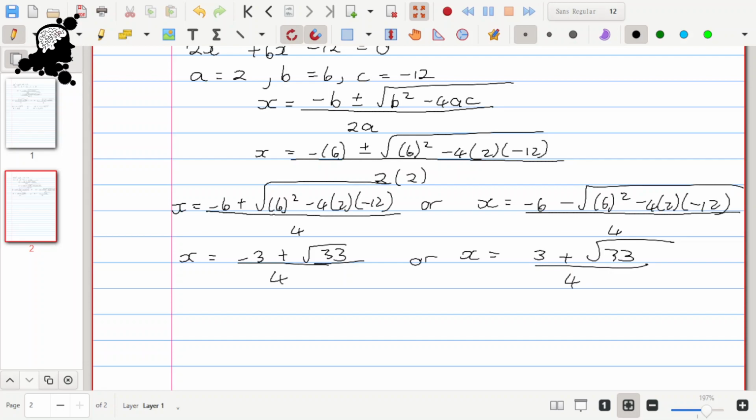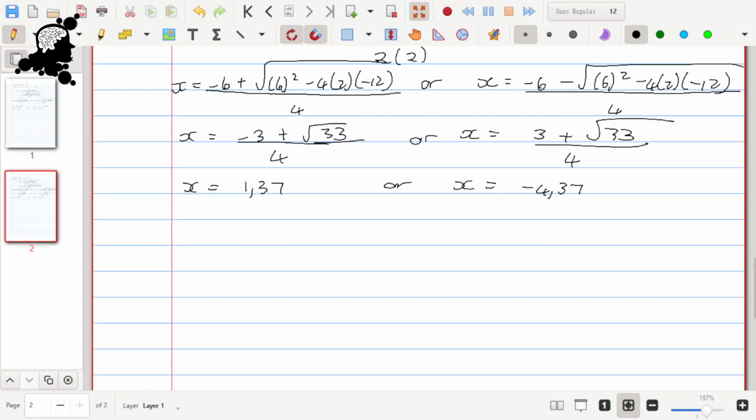Once again, if the question says you need to leave your answers in simple surd form, you would be done. But if the question says leave your answers correct to 2 decimal places, then you're going to have x is equal to 1.37, or x is equal to negative 4.37. Brilliant. Life is great. Let's go on to the next question.